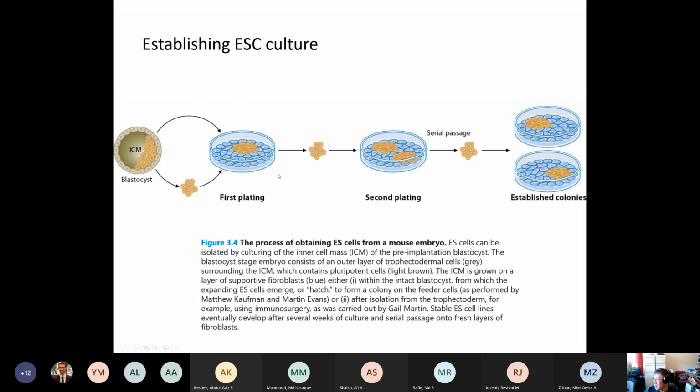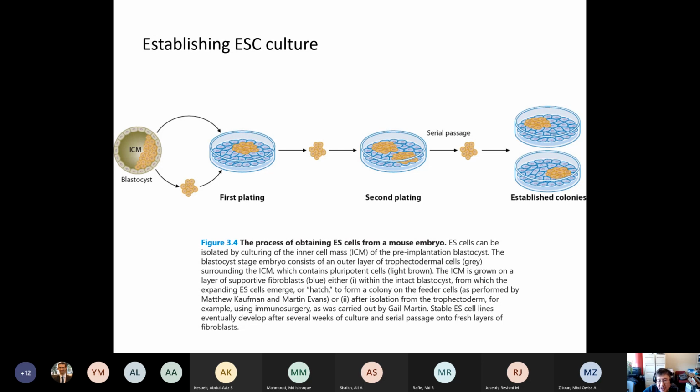But one thing I want to explain to you is you see those blue cells. The blue cells are called a feeder. That's how scientists initially did the experiment. You need to put some fibroblast there to provide some cell signaling so that the embryonic stem cells can proliferate. So that's called feeder cells.